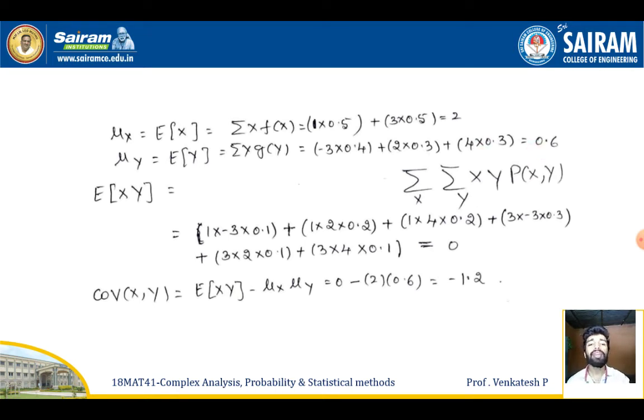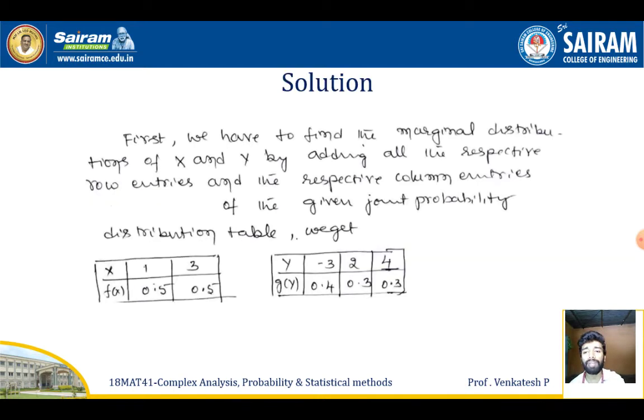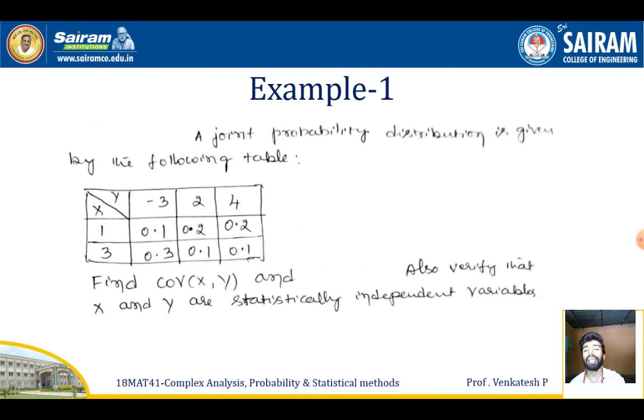Next, the expectation of xy is given by summation with respect to x, summation with respect to y, of the random variables x into y, into p of x comma y. This can be computed from the joint distribution table, for example: 1 into -3 into 0.1 plus 1 into 2 into 0.2 plus 1 into 4 into 0.2 plus 3 into -3 into 0.3 plus 3 into 2 into 0.1 plus 3 into 4 into 0.1.